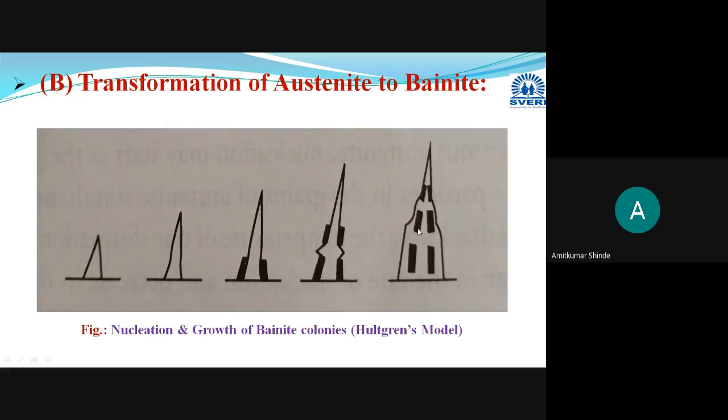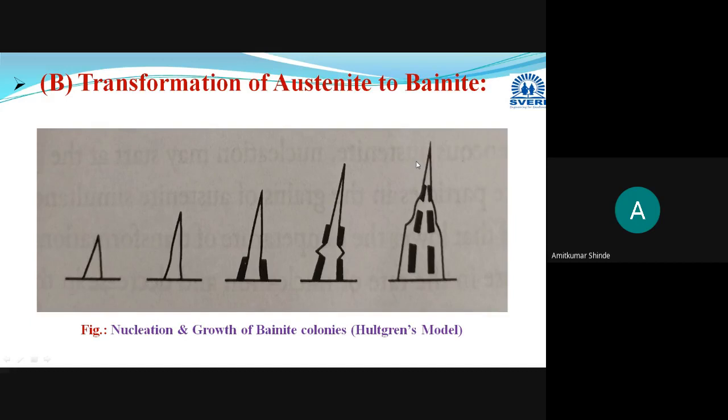Whenever transformation occurs at lower temperatures, you will end up with a mixture of alpha, that is ferrite, plus cementite, Fe3C, but with a different morphology. Pearlite has a layer-type morphology and bainite has a needle-shaped or feather-like structure. This is the difference between bainite and pearlite.